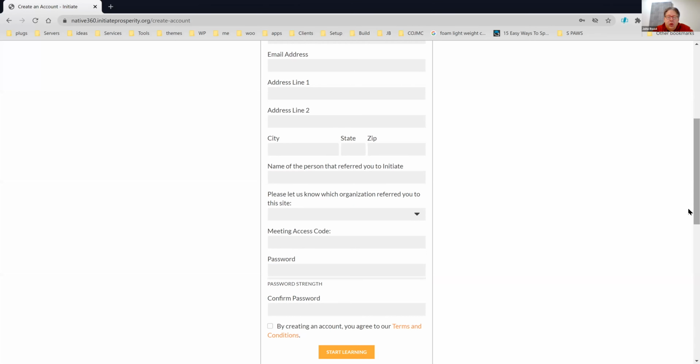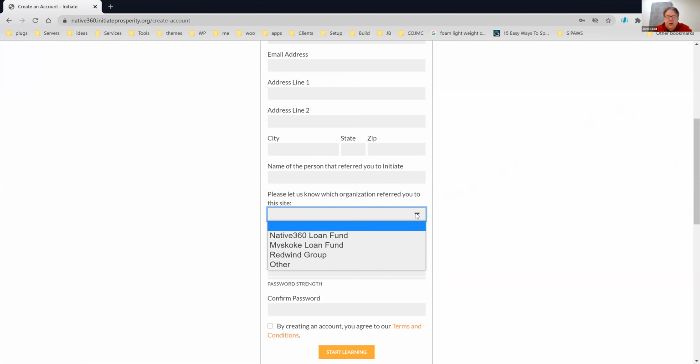For password, you can create whatever password you want. I think it wants lowercase and capital letters and a number, a special character in it. It's not super picky. And also make sure right here to let us know which organization referred you to the site.